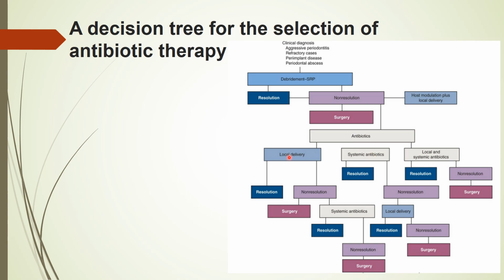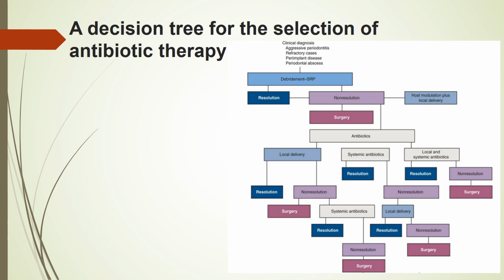With local drug delivery, if there is resolution, fine, and if non-resolution, it can go to systemic antibiotics, and again, resolution or non-resolution leads to surgery. The same way with systemic antibiotics: non-resolution goes to local drug delivery, and then non-resolution goes to surgery. With local and systemic antibiotics also, non-resolution goes to surgery.